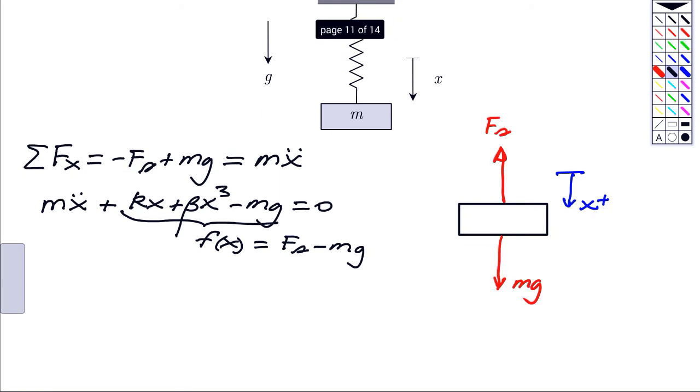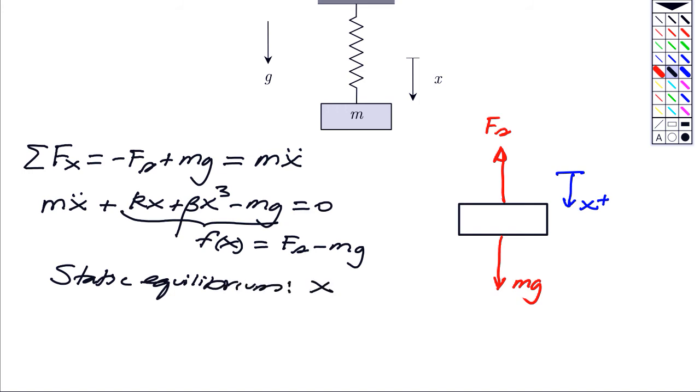We know something about static equilibrium. Static equilibrium corresponds to when x double dot is 0. So it says that static equilibrium occurs when k xeq plus beta xeq cubed is balanced out by the weight.